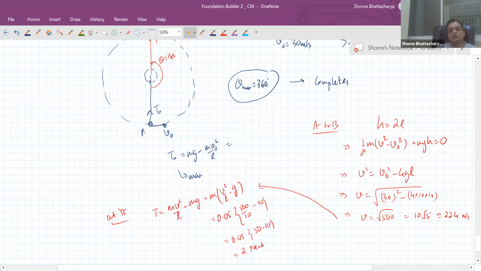So 2 newtons will become the tension at the highest point. So this is the minimum tension. Whereas at this point, you can see the tension is, okay, so 0.05 into 10 plus 30 square by 10. So that is 5 newtons. So T naught equal to 5 newtons. This is the maximum tension.